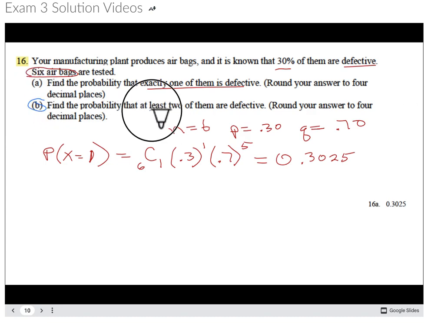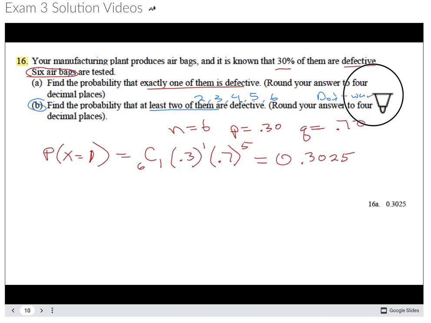the probability at least 2 of them are defective. Now, remember, that means 2 or 3 or 4 or 5 or 6. That's 5 calculations. This is one where we want to not calculate what we want, but calculate what we don't want, which is the probability that there's no defective or 1 defective. 2 calculations.